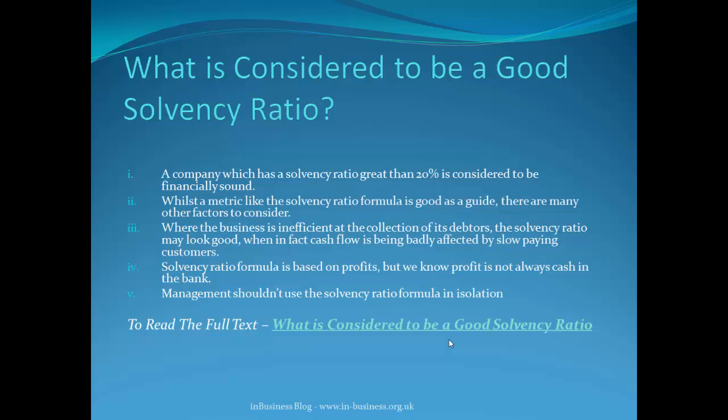For example, where a business is inefficient at collecting debtors, the solvency ratio may look good on the face of it, but in fact cash flow is being badly affected by slow paying customers. Also, the solvency ratio formula is based on profits, but we know profit is not always cash in the bank. Management shouldn't use the solvency ratio formula in isolation.